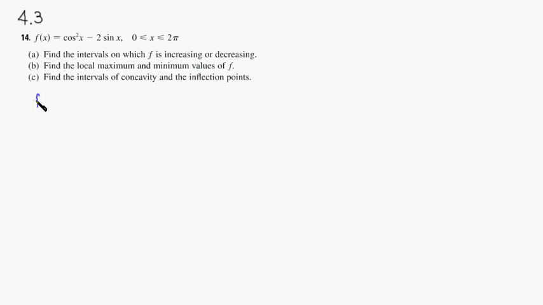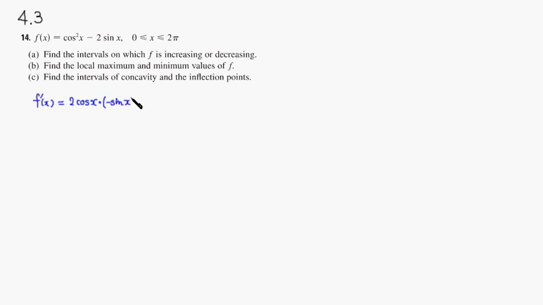So f prime of x is equal to the derivative of cosine squared. You put the power in front, then you have cosine of x. Then you multiply by its derivative, so the derivative of cosine is negative sine of x.